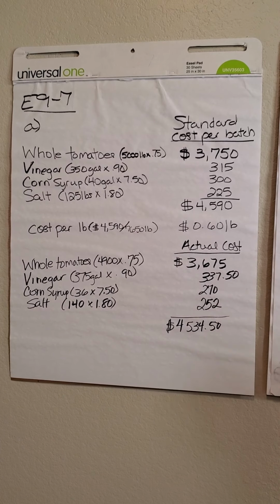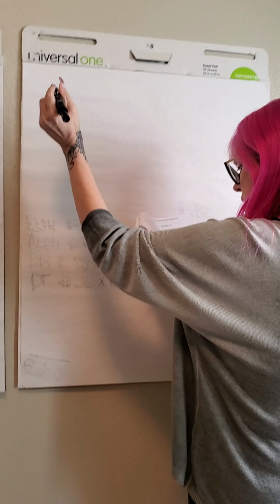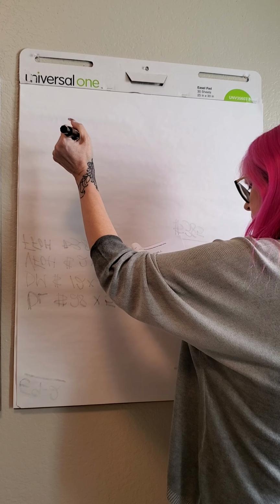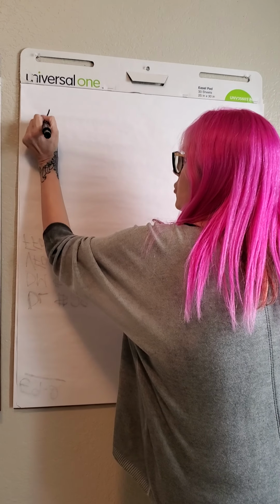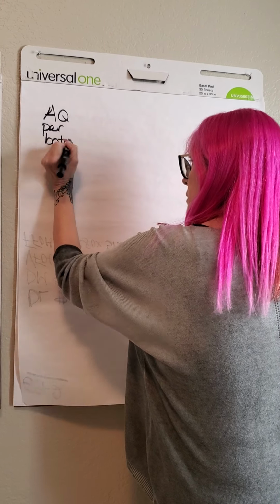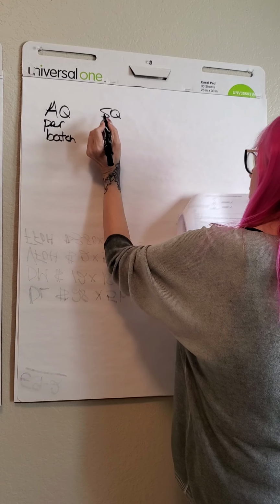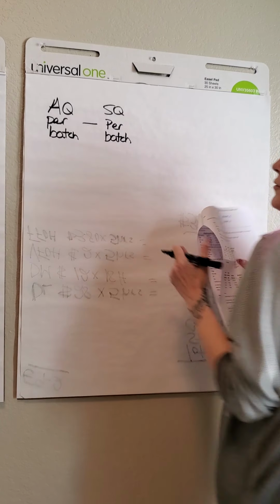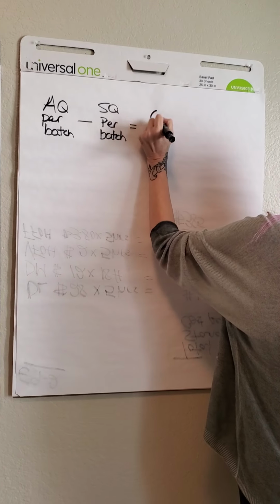So I've got our actual quantity per batch minus our standard quantity per batch, and that's going to give us our quantity difference.